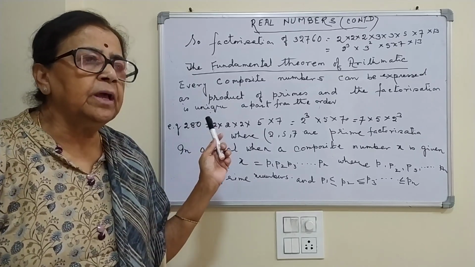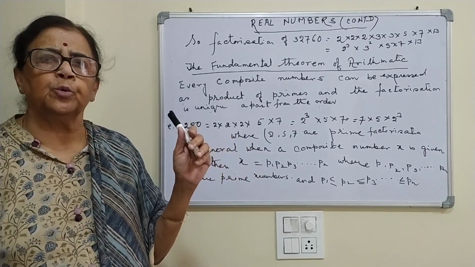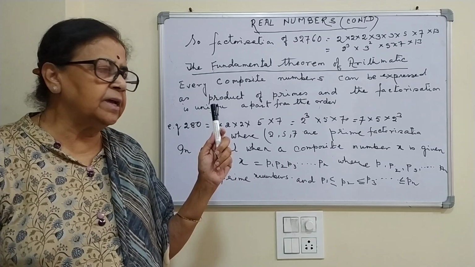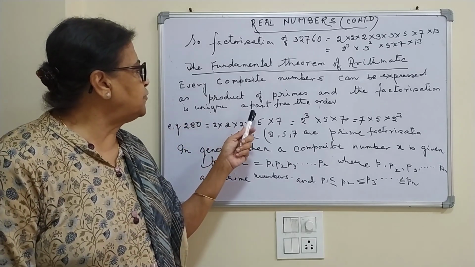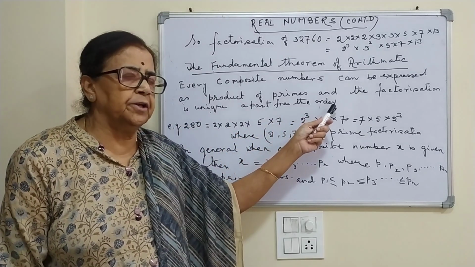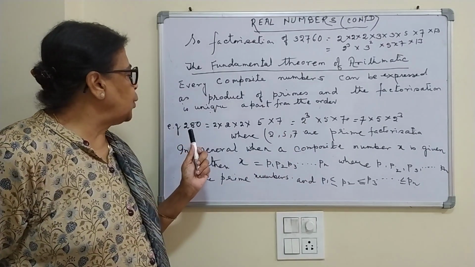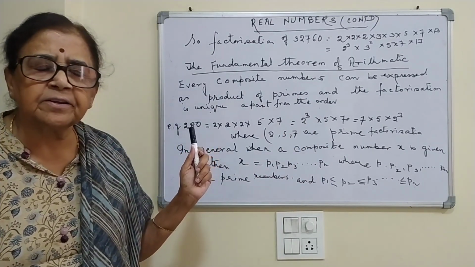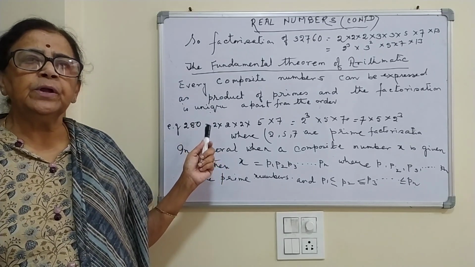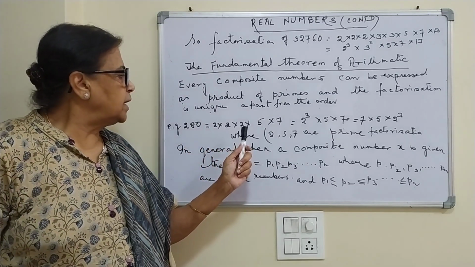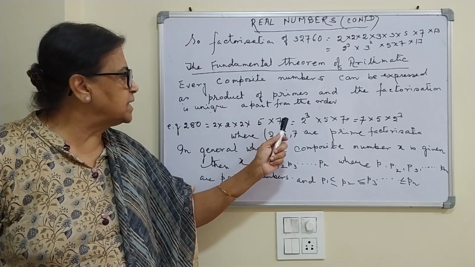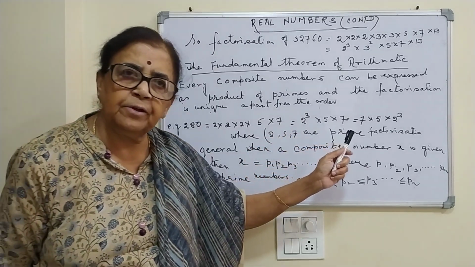So every composite number can be expressed as a product of primes, and the factorization is unique. What do you mean by unique? However you do it, it is the same, apart from the order in which we write it. Suppose it is 280, I factorize, that is 2 into 2 into 2 into 5 into 7, that is 2 cube into 5 into 7.